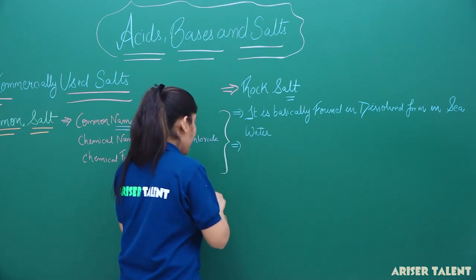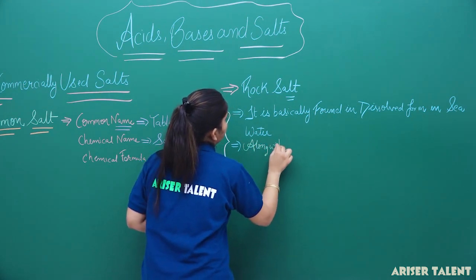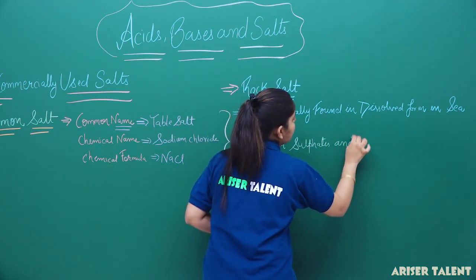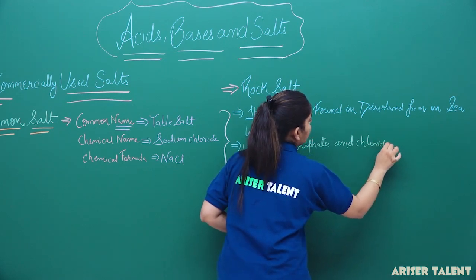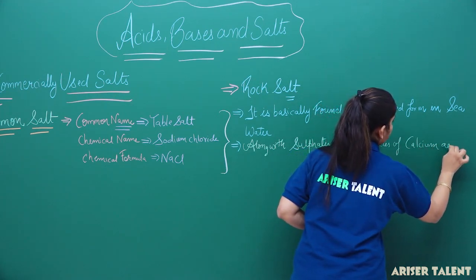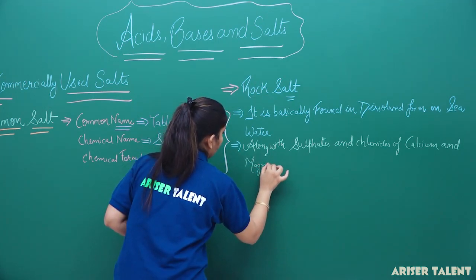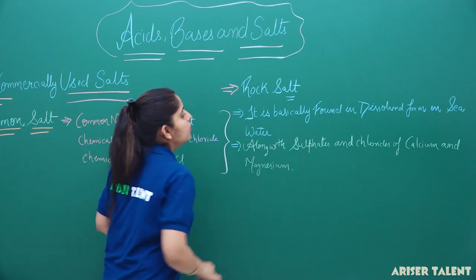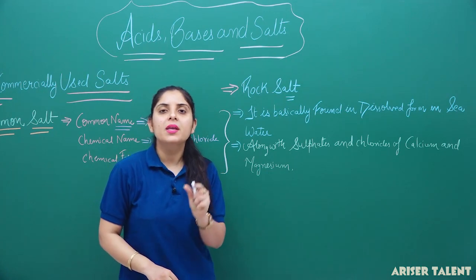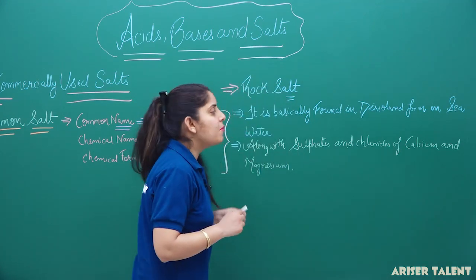Then along with it, sulfates and chlorides of calcium and magnesium. So, this is found along with the sulfates and chlorides of calcium and magnesium. In the purest form, it is white in color, but it exists with certain impurities. That's why its color will be somewhat brownish.